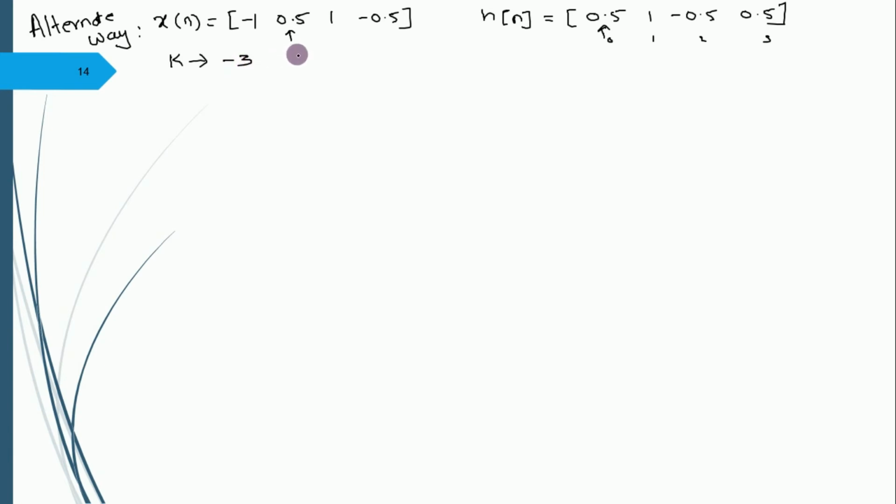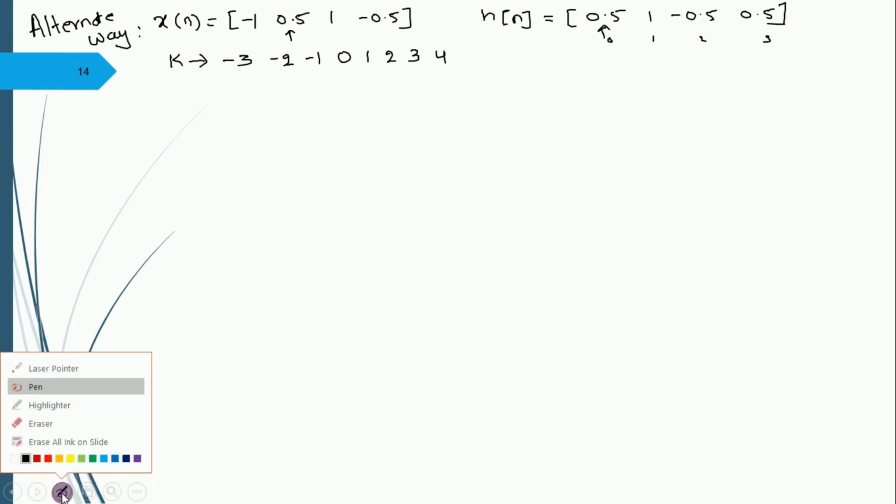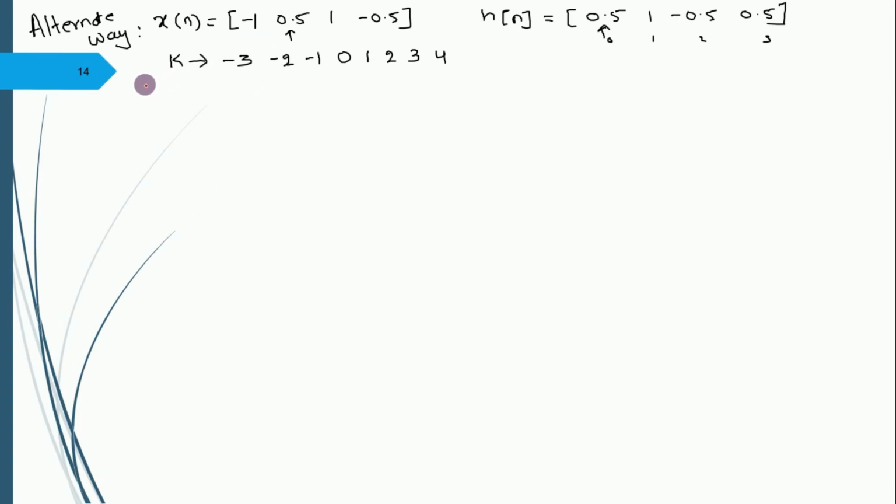Minus 3, minus 2, minus 1, 0, 1, 2, 3, 4, and you can stop at some point. And then we have to write x of k. Let me change the ink for better visibility. So x of k, I'll be writing here.